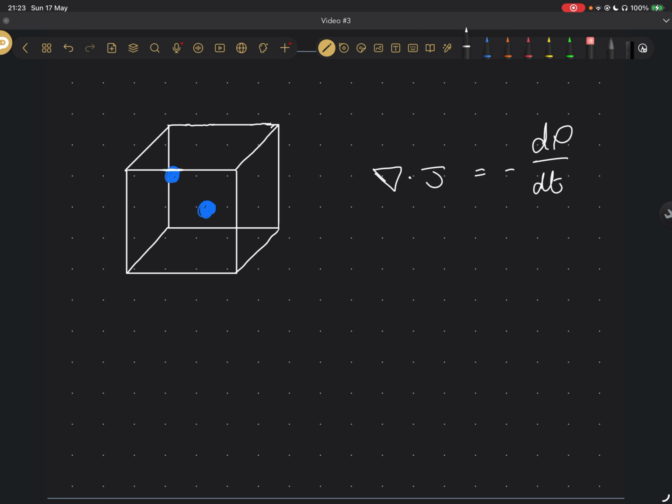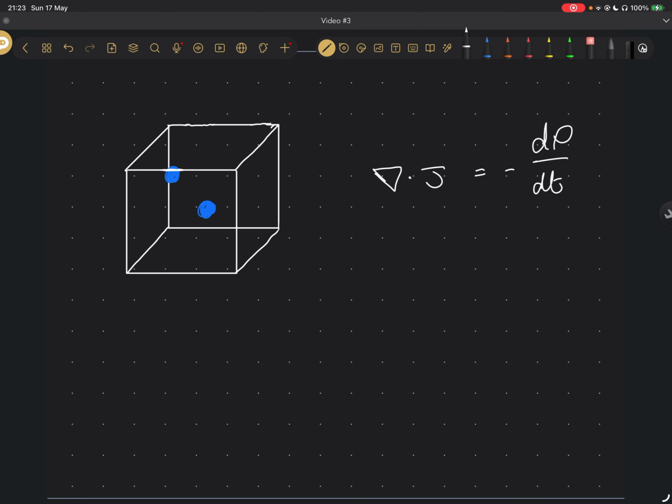Now, if both electrons leave the volume simultaneously in any given direction, it doesn't have to be on the same surface, it could be in any direction, as long as it leaves the volume of the cube simultaneously. If both electrons leave, the rate at which charge leaves the volume doubles. So the greater the outward flow of charge, the greater the rate of decrease of charge in the volume.